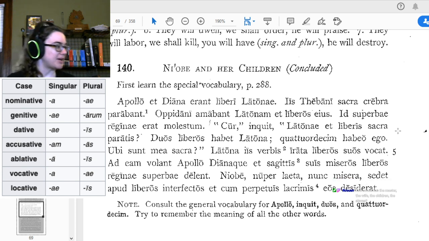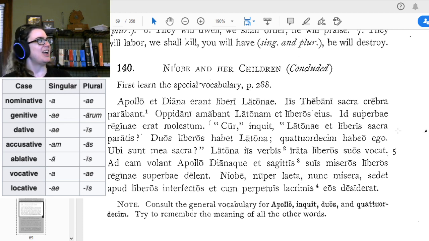The house has the master, the wife, the children, and the slaves. Yeah, pretty much. That's a way of thinking about it. So children in contrast to slaves. Yeah. And there's a word in Greek that can mean child, but also servant.